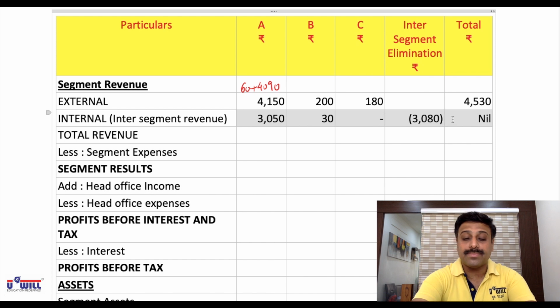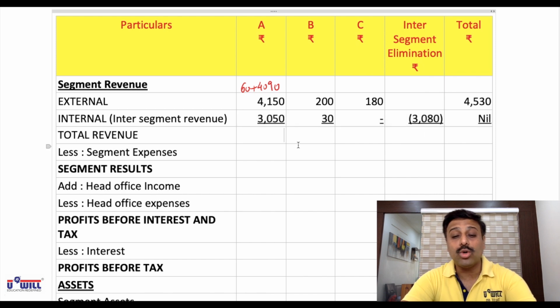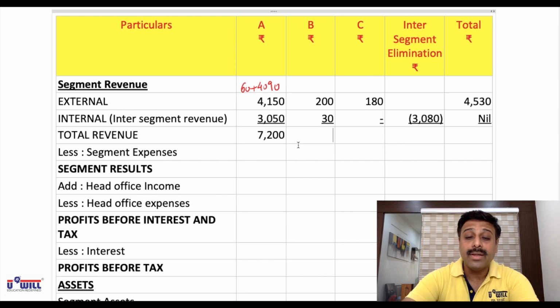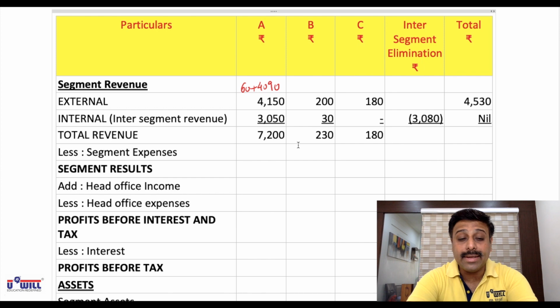Now after this, total revenue: 4150 plus 3050 will be 7200, 200 plus 30 is 230, 180 plus nil is 180, and here we have to eliminate 3080 from the sales, so the total will come to 4530.